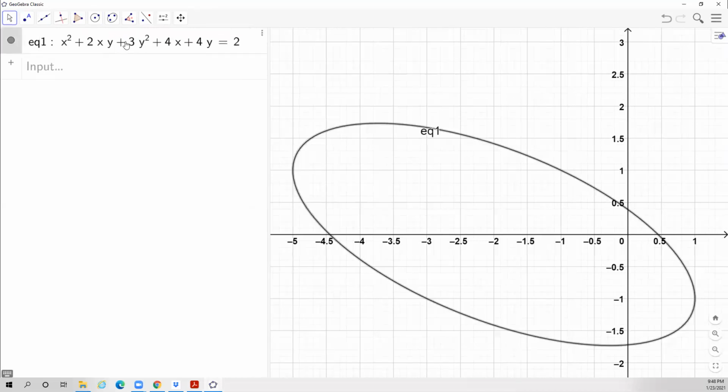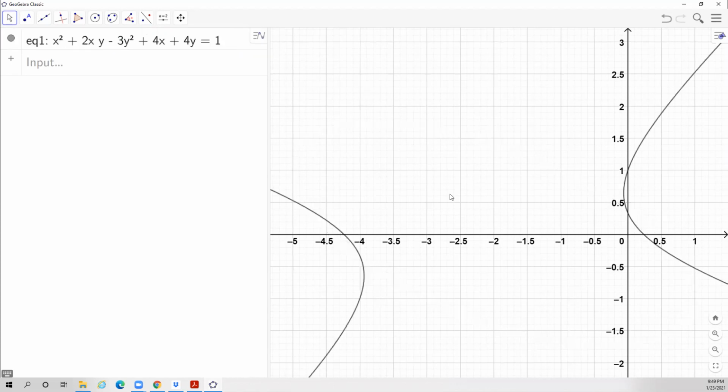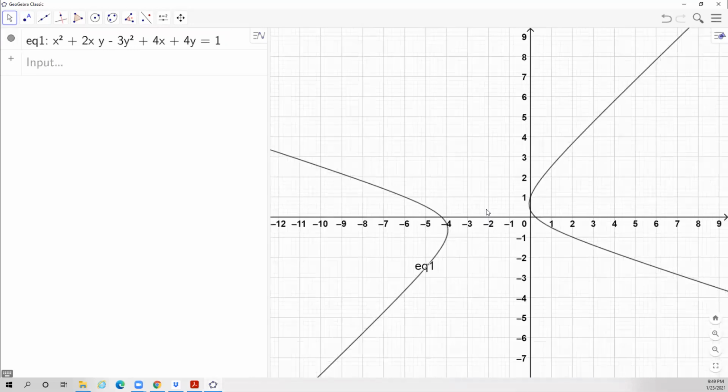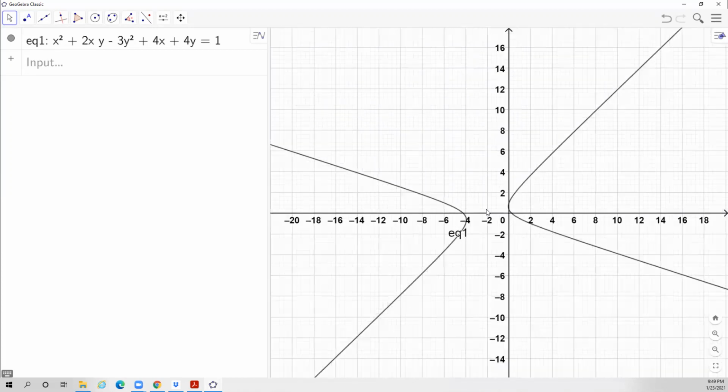We have negative 3 here, and this is 1. It's a hyperbolic equation. So this equation is no longer bounded.